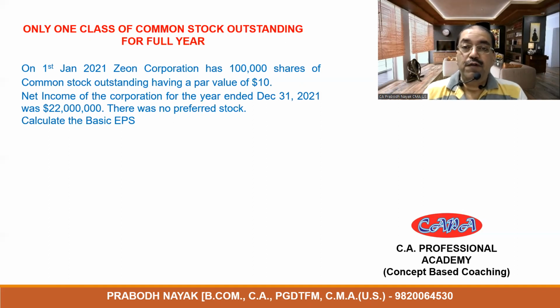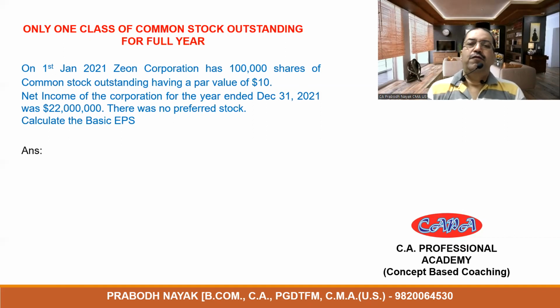There is no preferred stock, so there is no question of preference dividend. So whatever is the net income earned by the company after tax is to be taken as the net income available for common stockholders. Very simple problem.